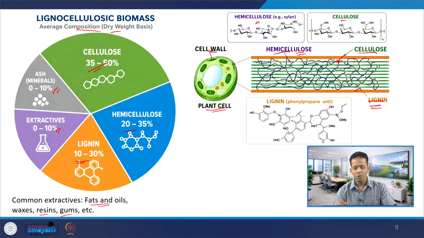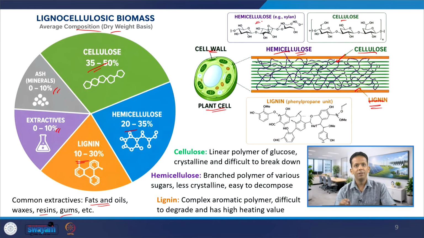Hemicellulose is mainly a branched polymer of different sugars like xylan or xylose. It is less crystalline and easy to decompose, whereas cellulose is a linear polymer of glucose. It is crystalline and difficult to break down compared to hemicellulose.